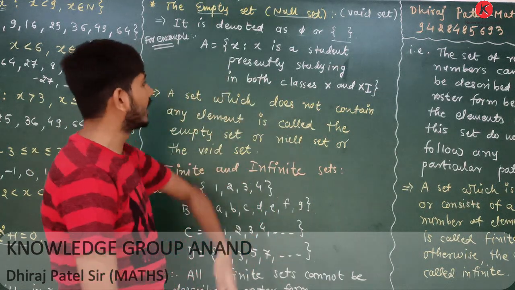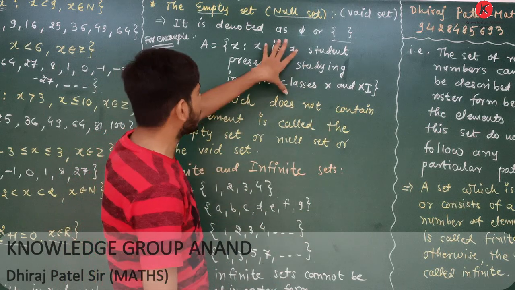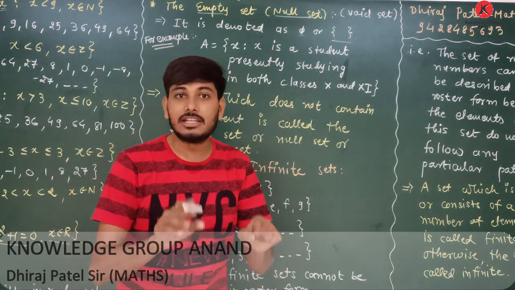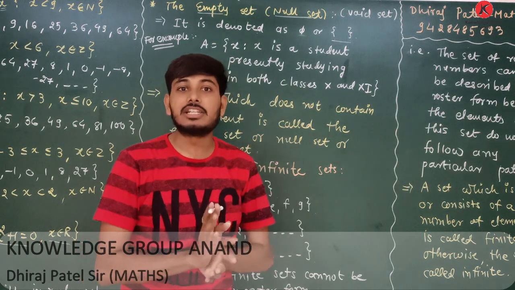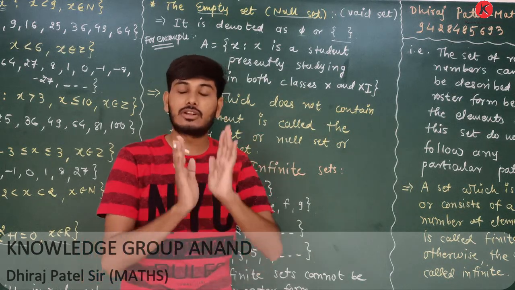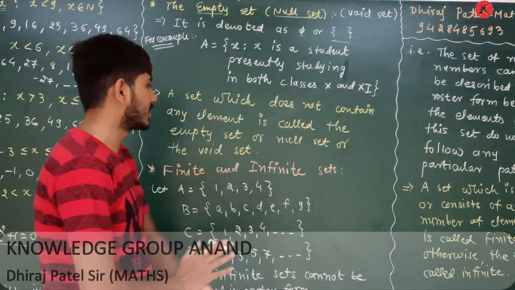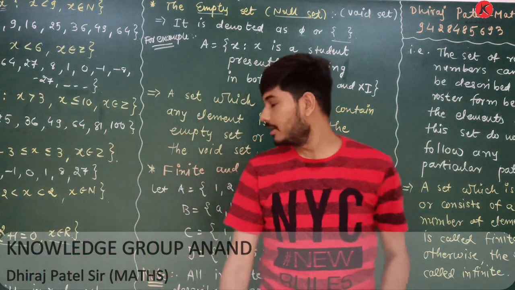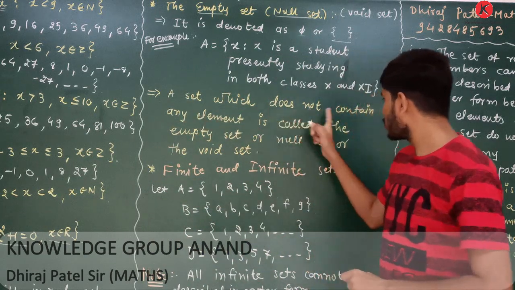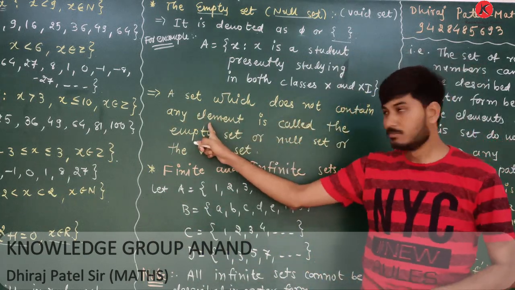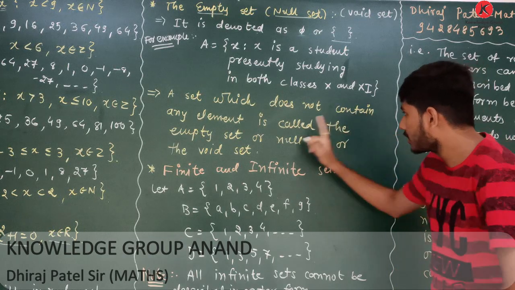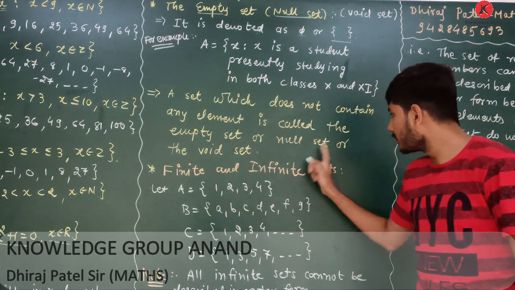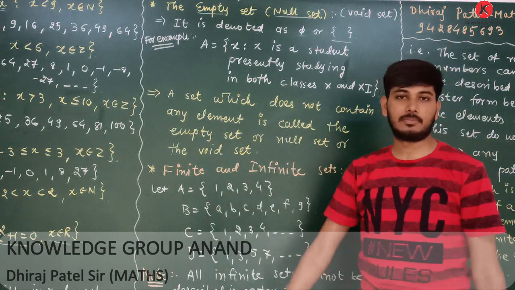Therefore, the number of elements of this set is 0, so it is a null set, empty set, or void set. The definition of empty set is written here: a set which does not contain any element is called the empty set, or null set, or the void set.